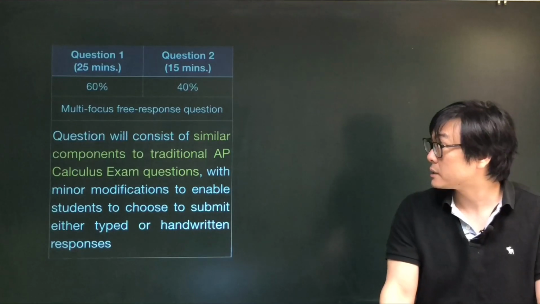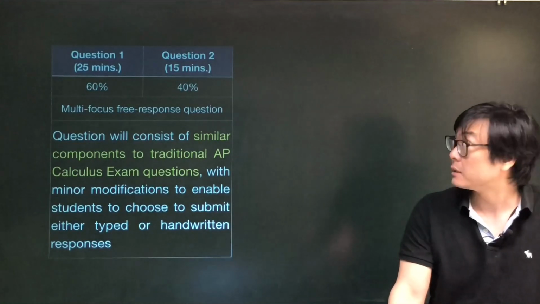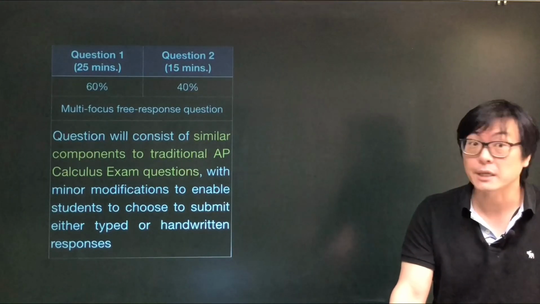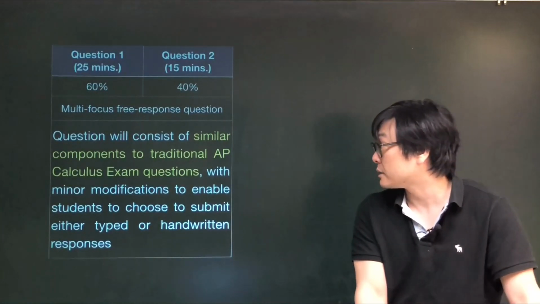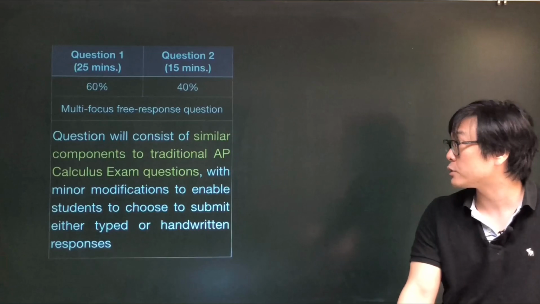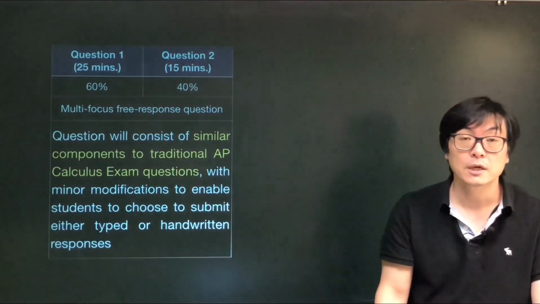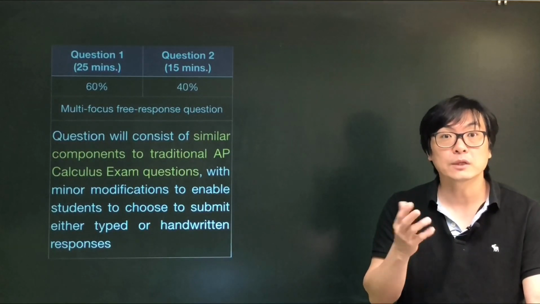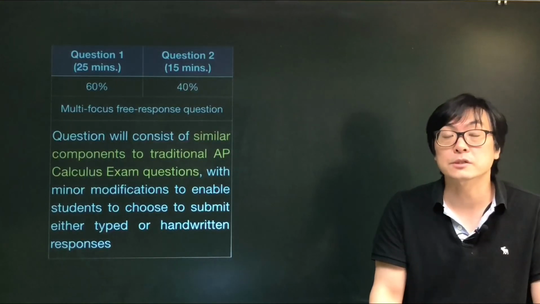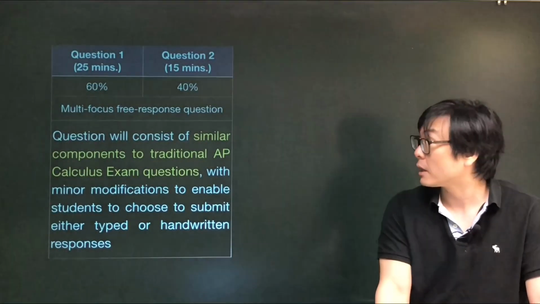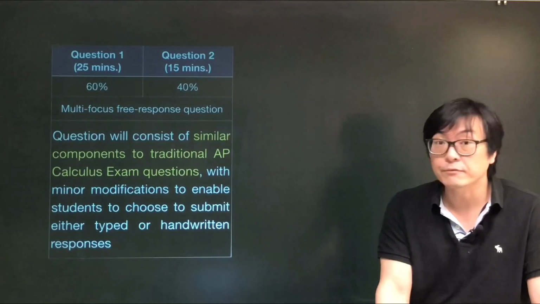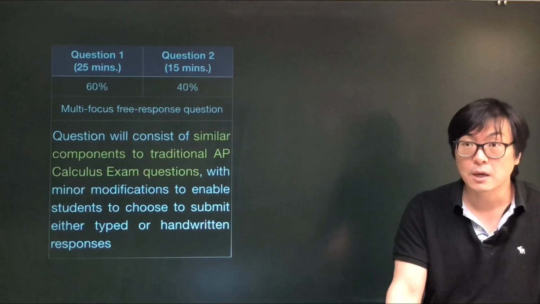One is 25 minutes and the second question is 15 minutes. Both are multi-part free response questions, and the College Board says they will be similar to traditional AP Calculus exam questions. So you need to practice with past year free response questions to prepare for these two questions.